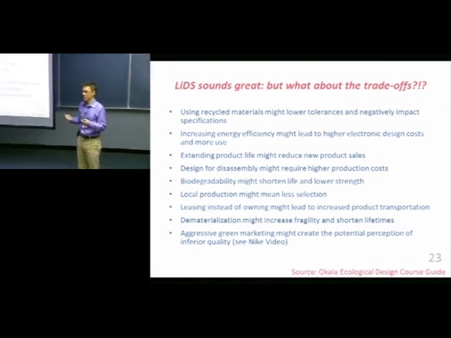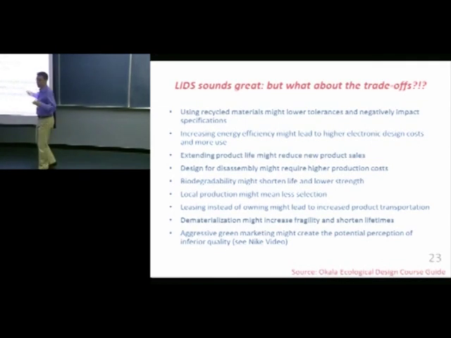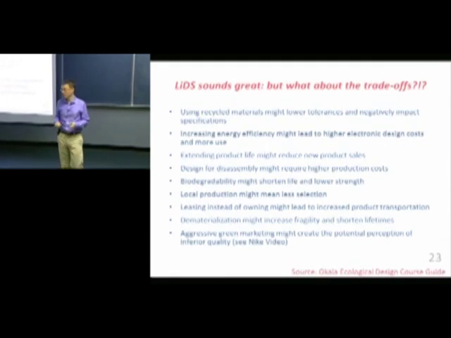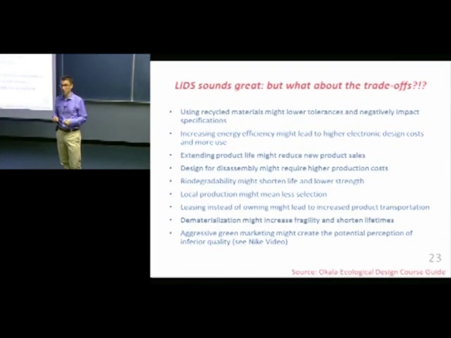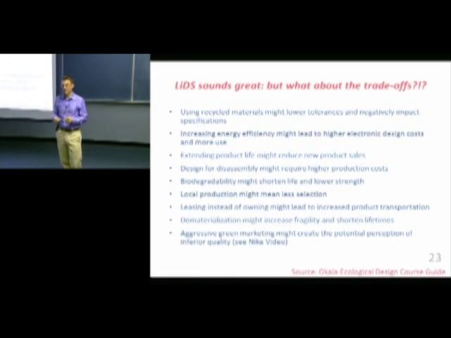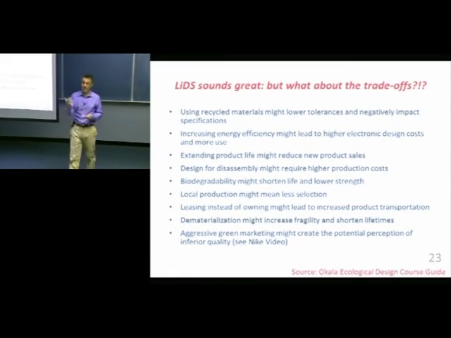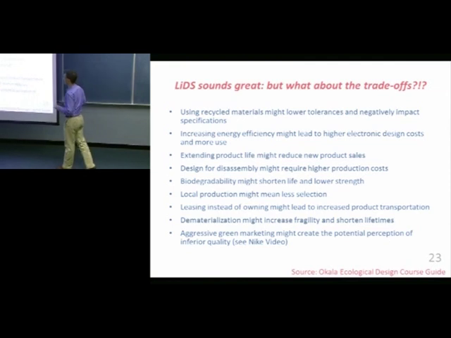And most of the folks who teach eco-design or life cycle design will just say, well, here's the LIDS wheel, here's some examples, roll. For us, when we start thinking about the economic component and what might make sense from a business perspective, we recognize that if we're really trying to do the right thing, we might be making gains in one area, we might be sacrificing in another, and we should be thinking about those, right?